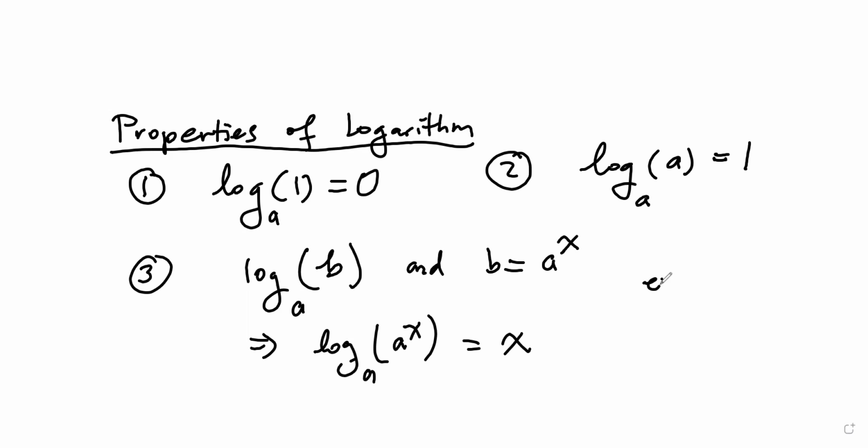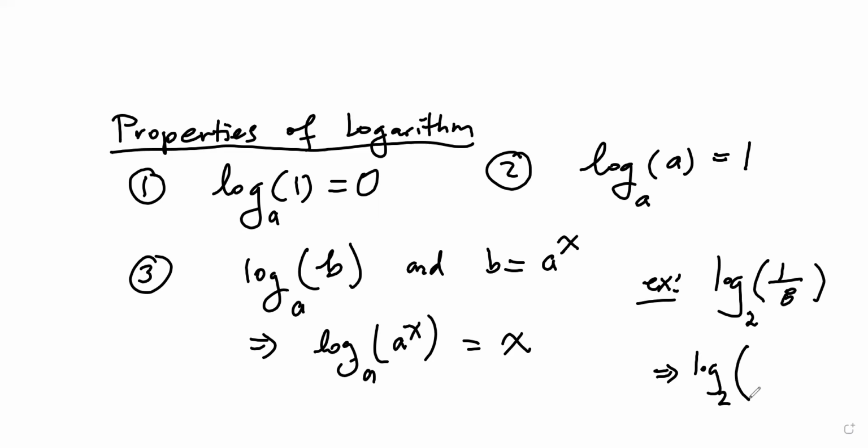As an example, let's say base 2 and 1/8. I can write 1/8 as 2 to the negative 3. 2 to the negative 3 is 1/8, so therefore the answer will just be negative 3 based on property 3.